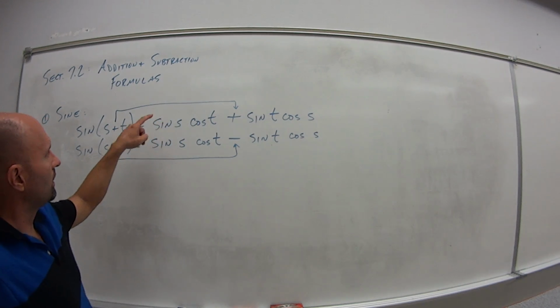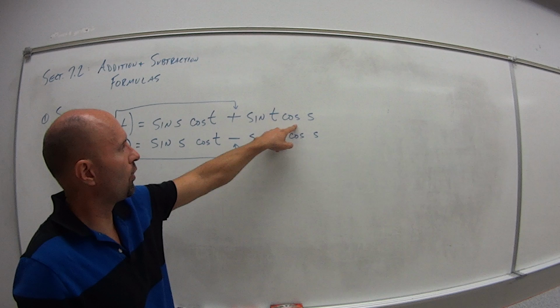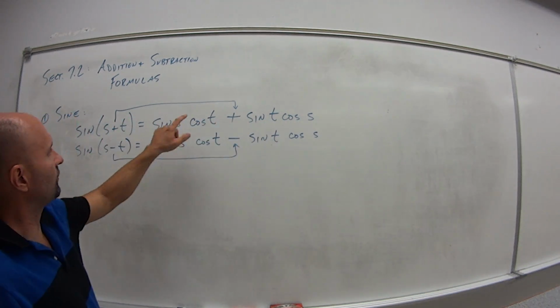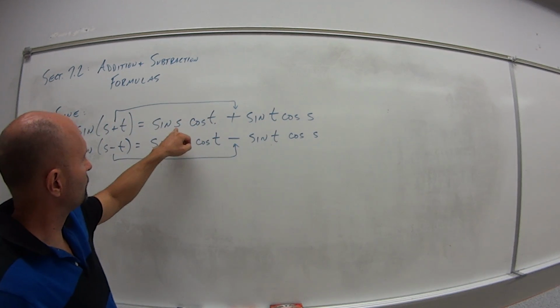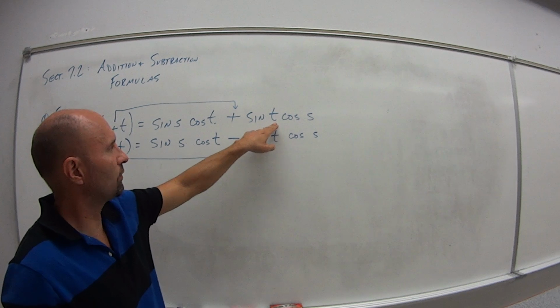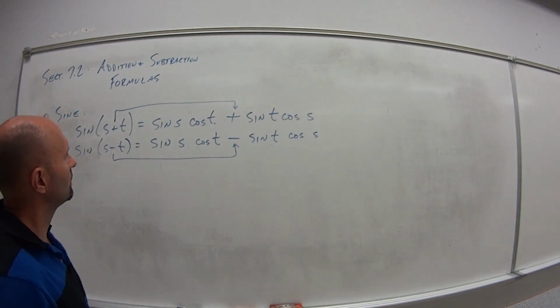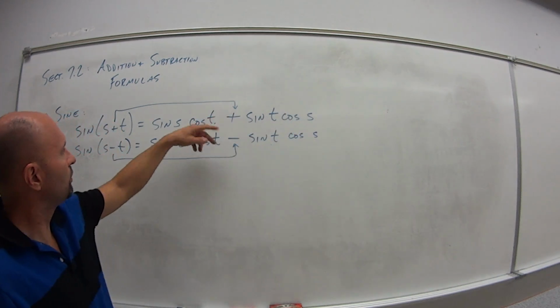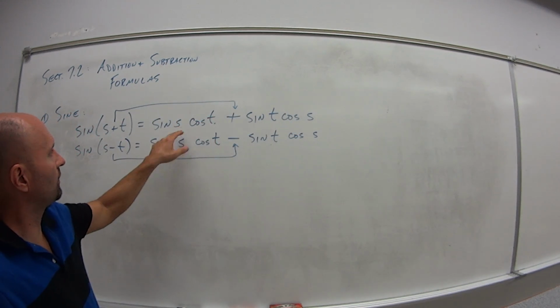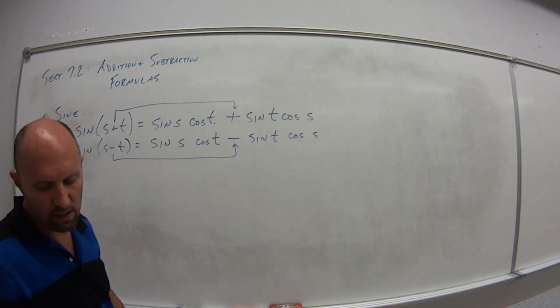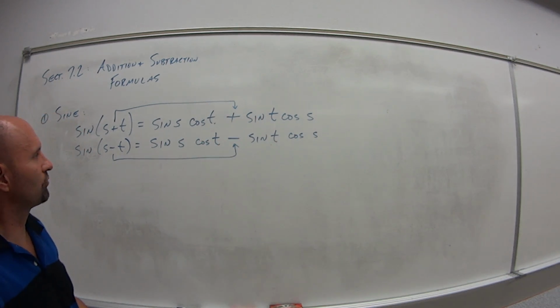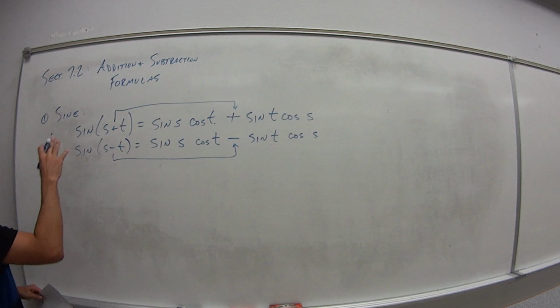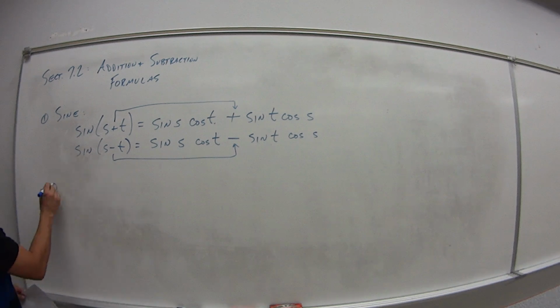And then it's sine cosine, sine cosine. And then it's just s t, and because I use sine of s over here, I need to use the other one, t, in this case. So it's sine cosine, plus if it's plus, minus if it's minus, and then s t, and then t s. So that's how you can try to remember the sine addition subtraction formulas.